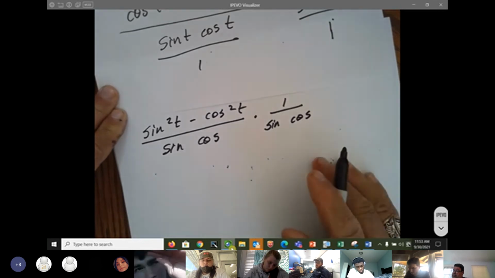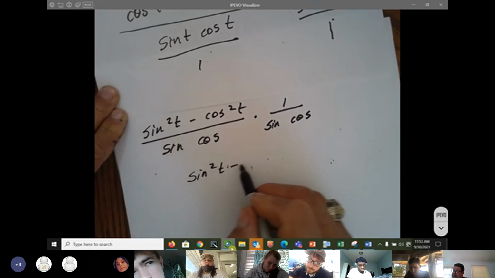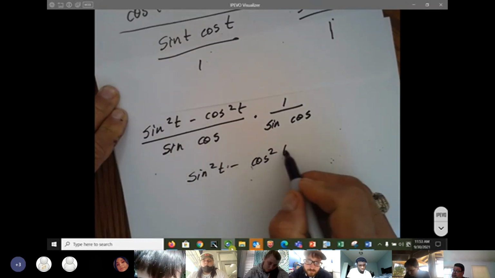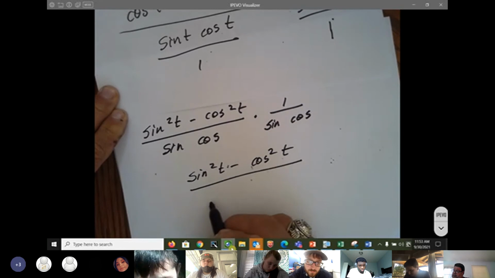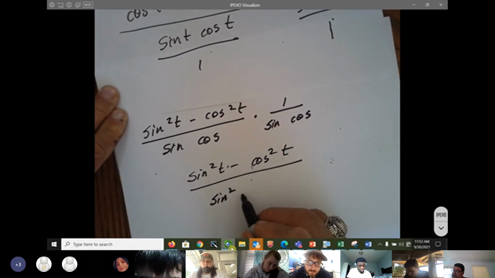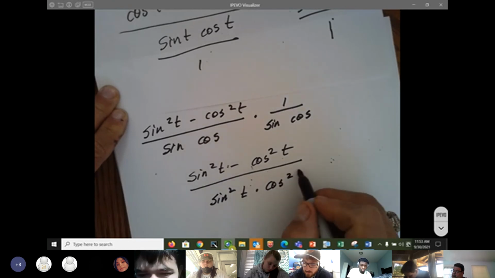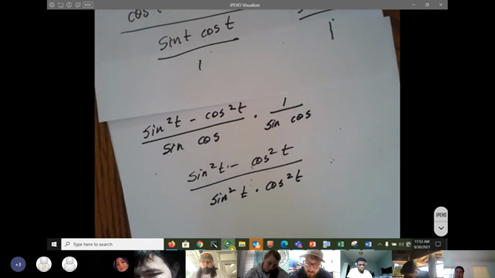That looks better. And that would be sine squared t minus cosine squared t over sine squared times cosine squared. Does that look better?